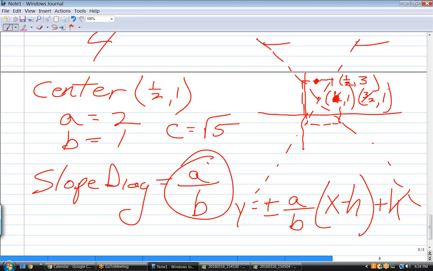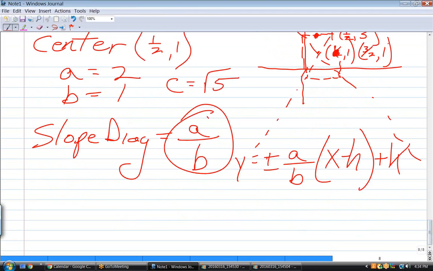With H and K being the center. So in this case, the equation of the diagonal with the positive slope is what? 2, and then parentheses X minus 1/2, plus 1. Correct. That's the equation of that diagonal.